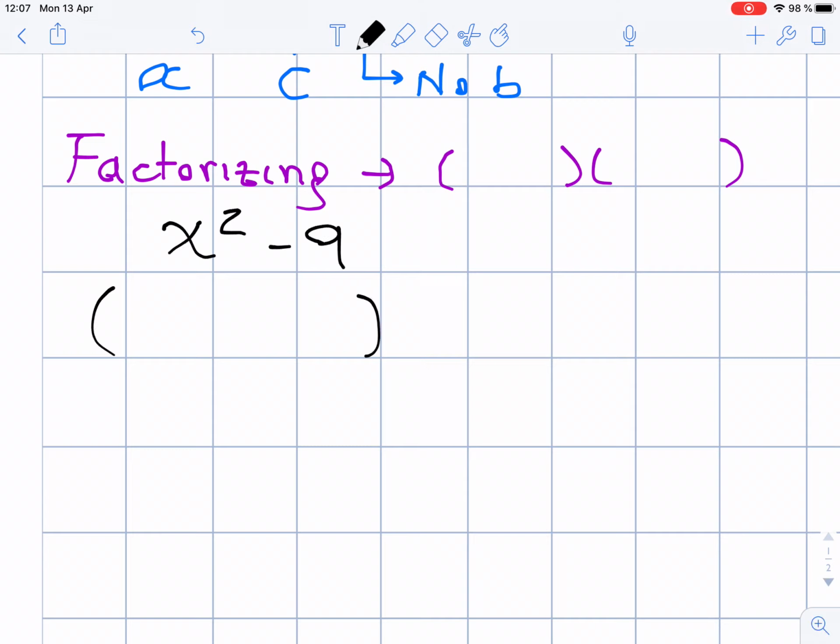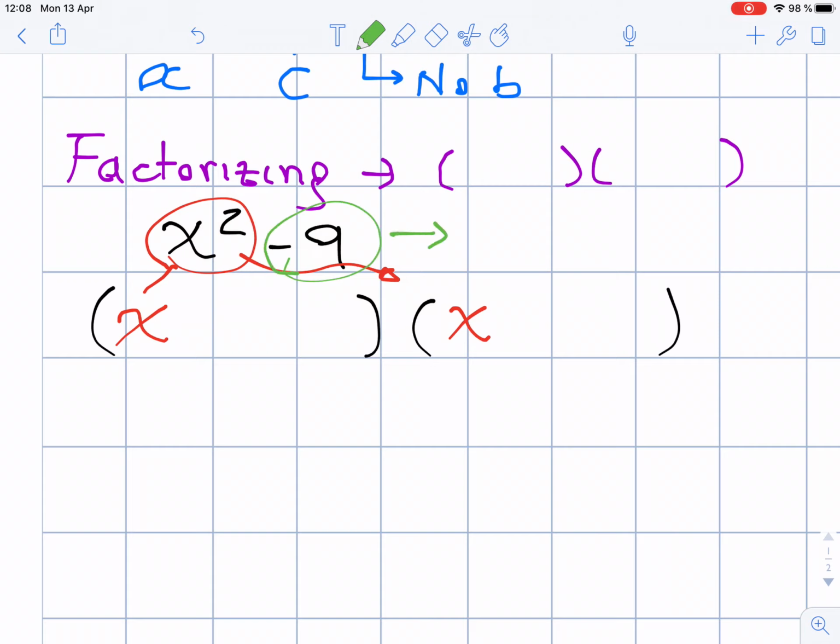Create two brackets. As you see, we have x squared, that means an x is over here, and an x is over here.